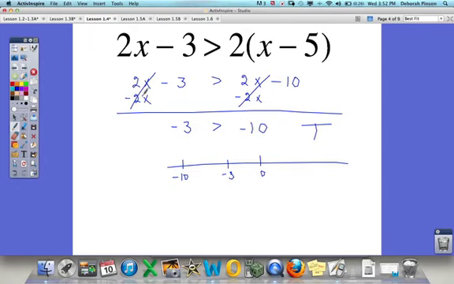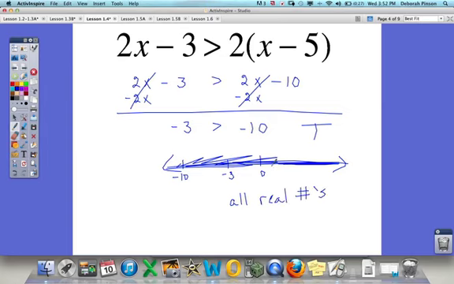It doesn't matter what the x is. It cancels out anyway, and always leaves me with something that's true. So my answer is the whole number line here. If you were to write out your answer, you could tell me all real numbers. It's the whole number line.